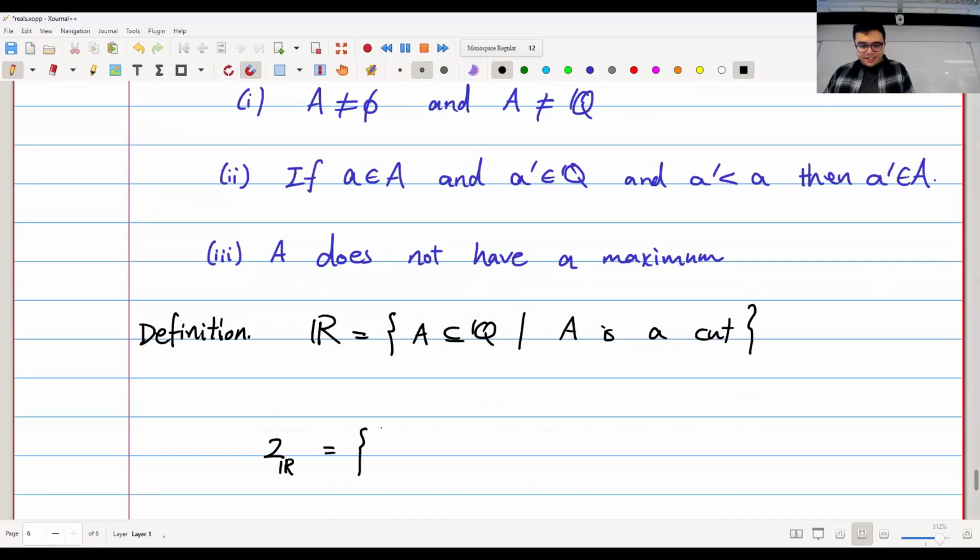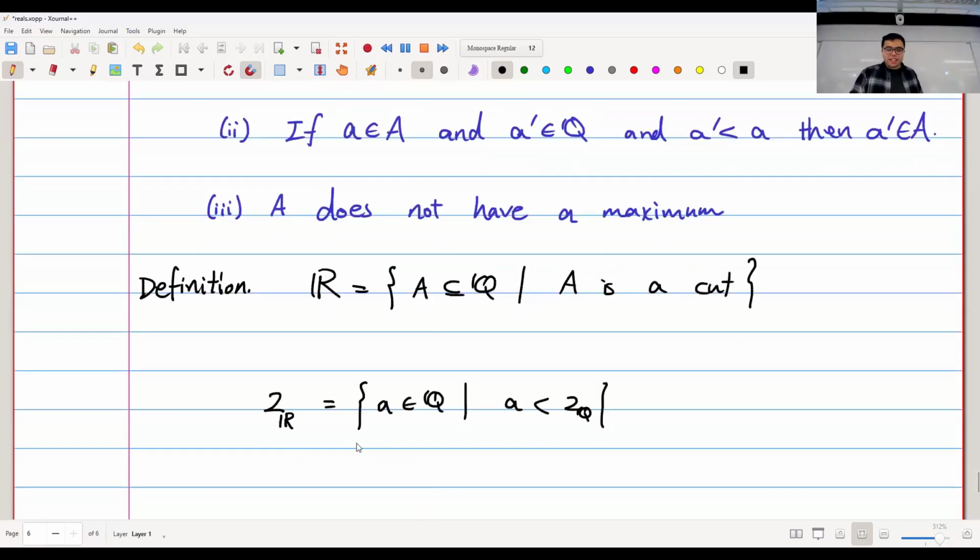This would be the set of all the rational numbers A such that A is less than 2 as a rational. But generally, I can do this for any number. So any real number is basically the same as the set of rational numbers that are smaller than it.